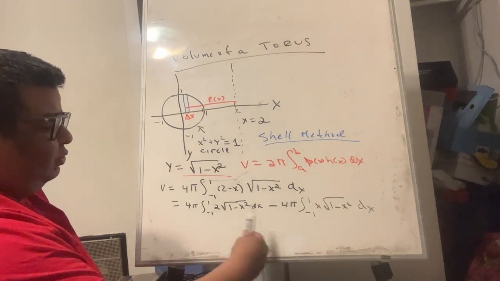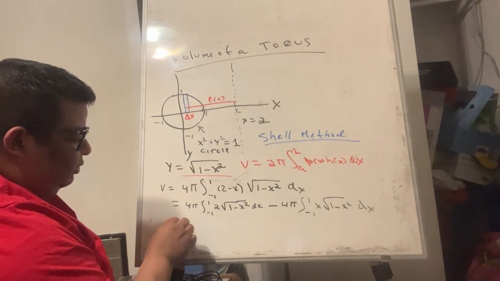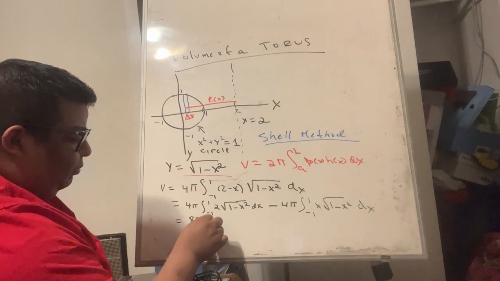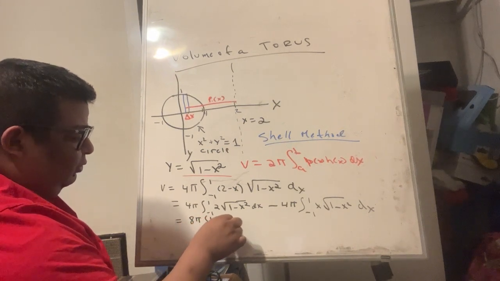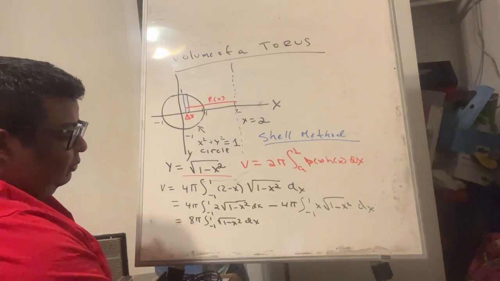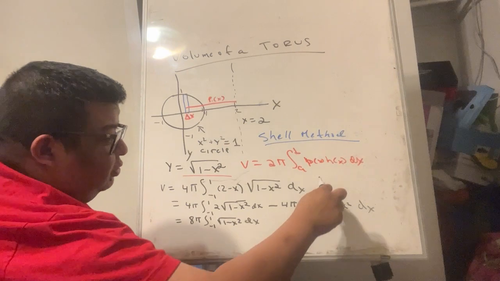So the next step is to solve each. Notice that here we can pull out a 2, so that will be 4 pi, -1 to 1 of square root of 1 minus x squared dx. And here we can use u substitution.